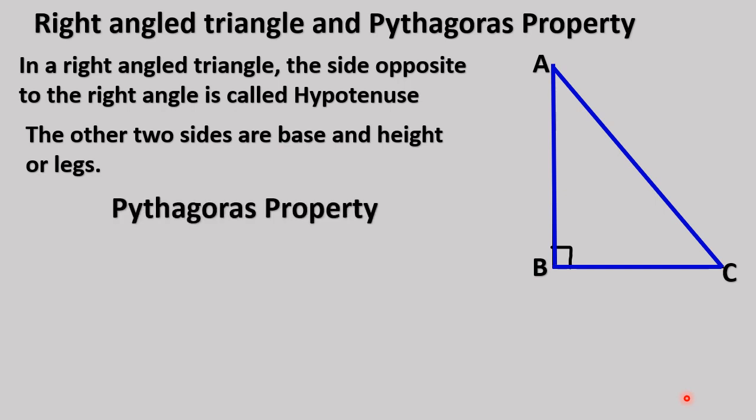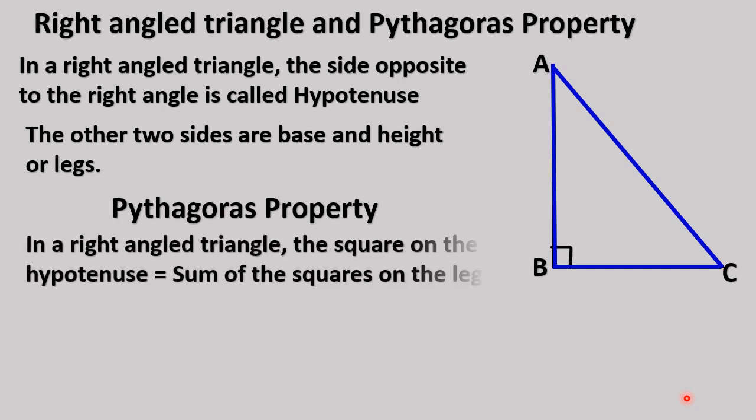Now, what is the Pythagoras property? Very important definition: in a right angle triangle, the square on the hypotenuse is equal to the sum of the squares on the legs. That means AC square. Square means AC into AC. Because you haven't learned exponents yet, square means multiplying a number with itself two times.